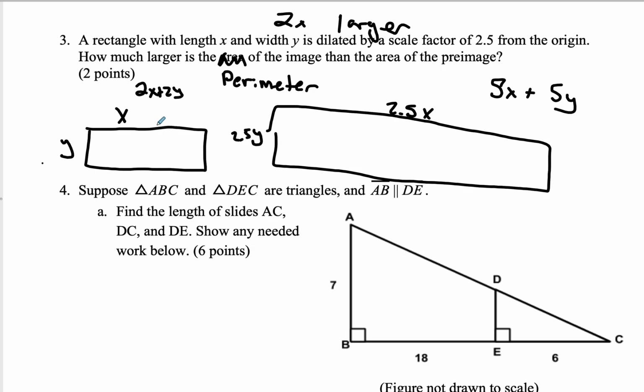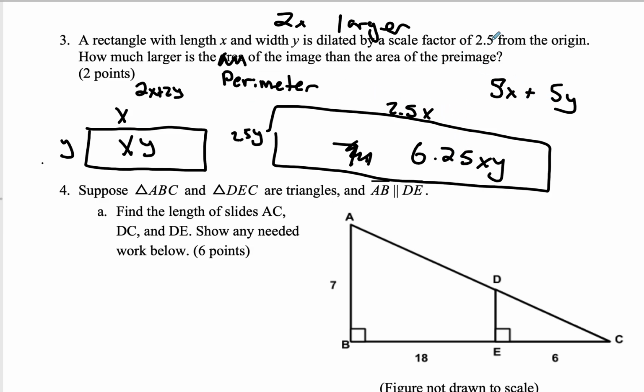Now, here's the difference. Here's why I like area better, because the area here is xy. The area here is 2.5 times 2.5, so that's 6.25xy.